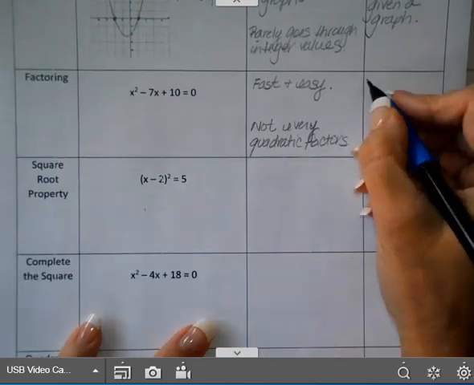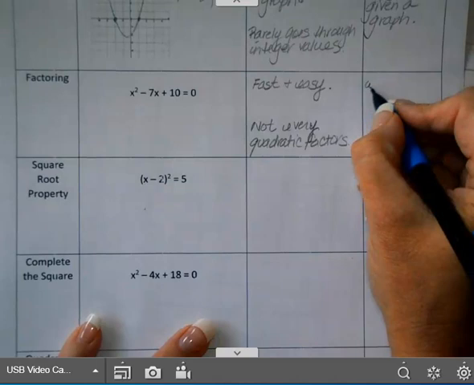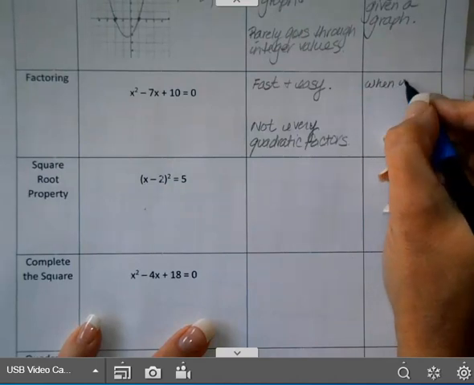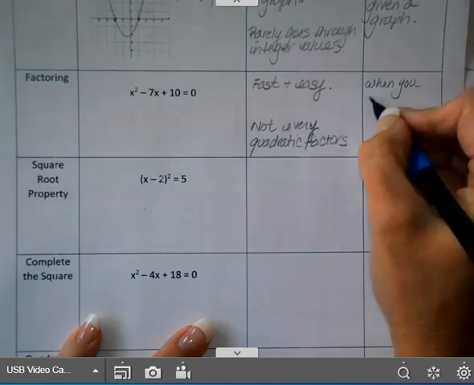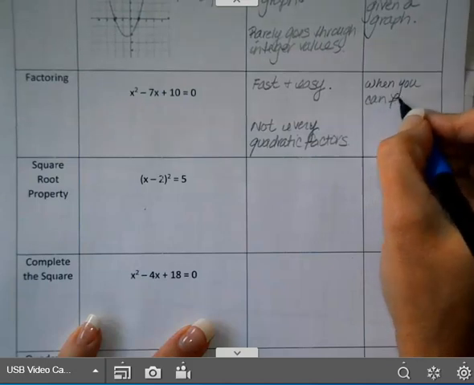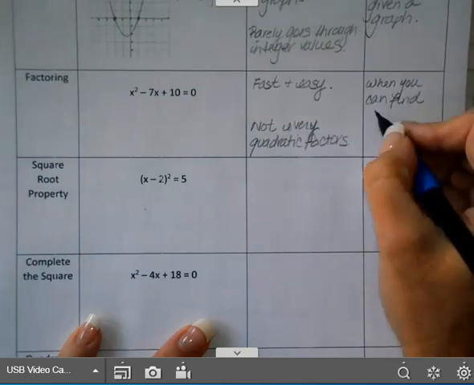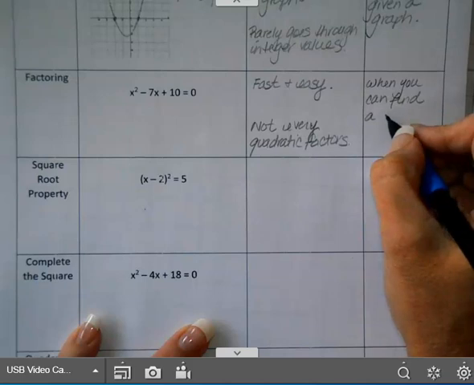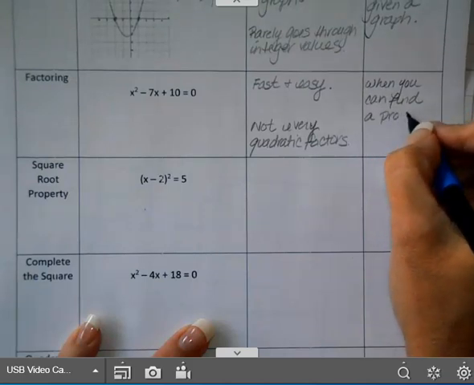When to use this is when you can find a product-sum relationship.